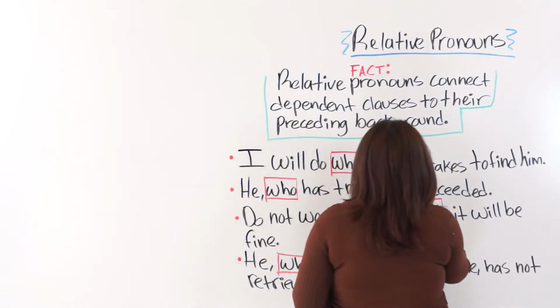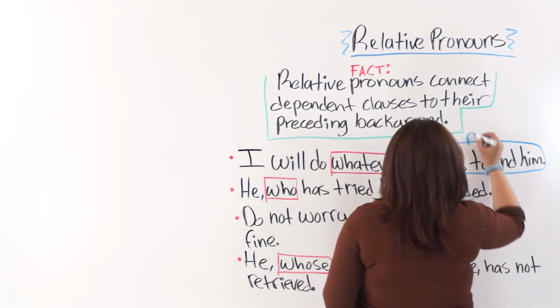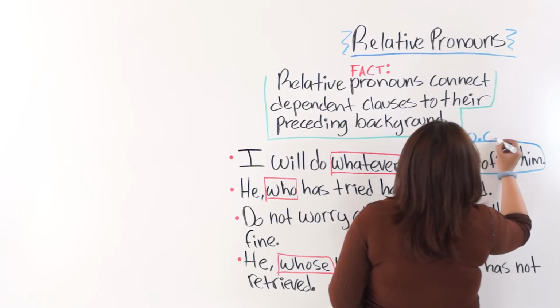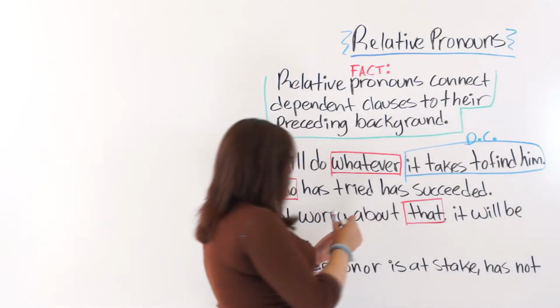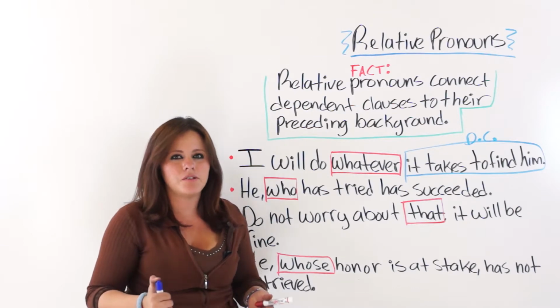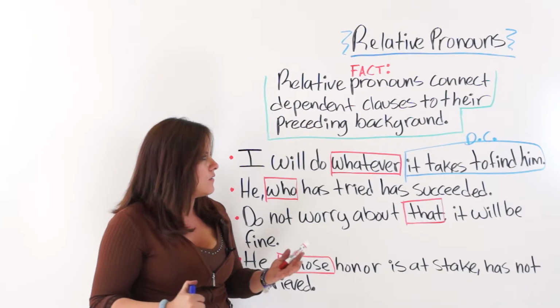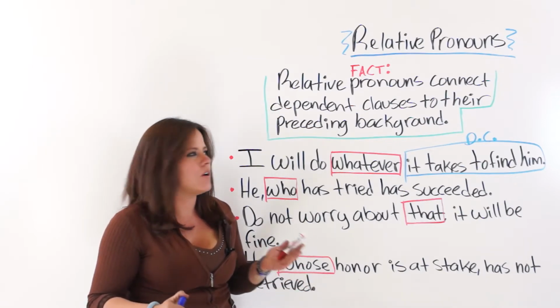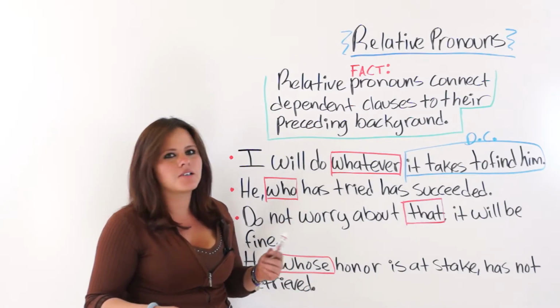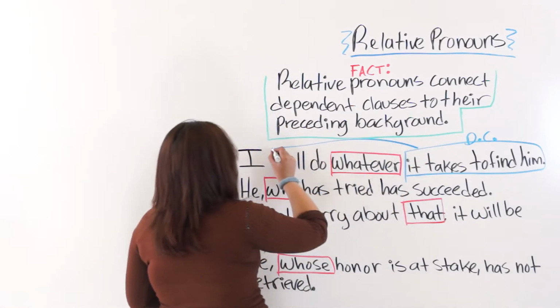This here is the dependent clause. Remember, a dependent clause does not make sense by itself, and it cannot be a sentence by itself. That is why it is called a dependent clause, because it depends on this subject here.